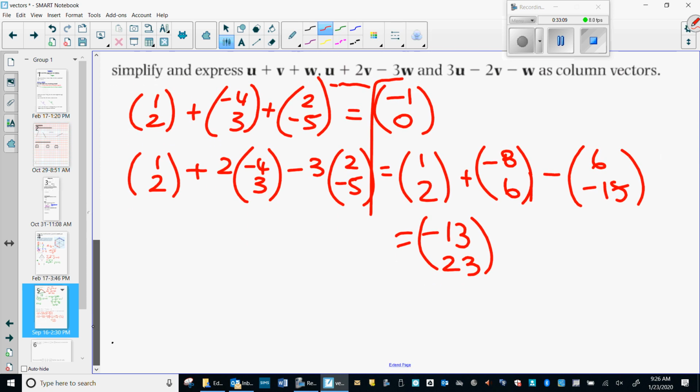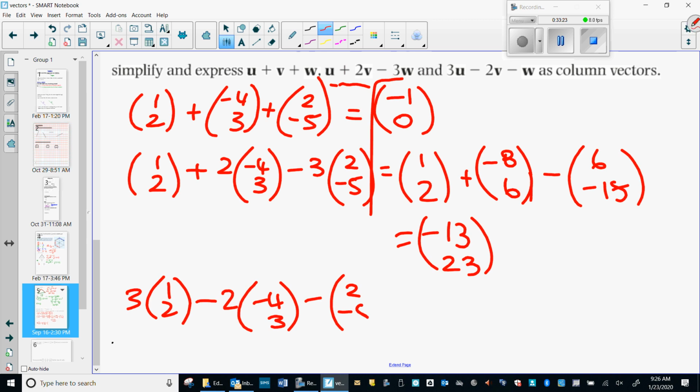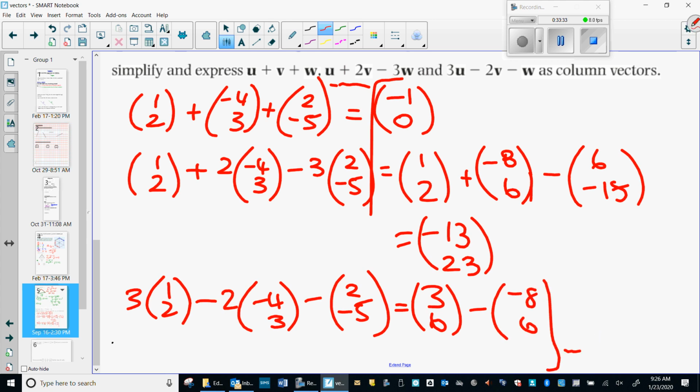And then the last one, similar situation. So this is 3u minus 2v minus w. Okay, so that's (3, 6) minus (-8, 6) minus. Oh, shush now. I don't want to write it anymore. I'm just stopping.